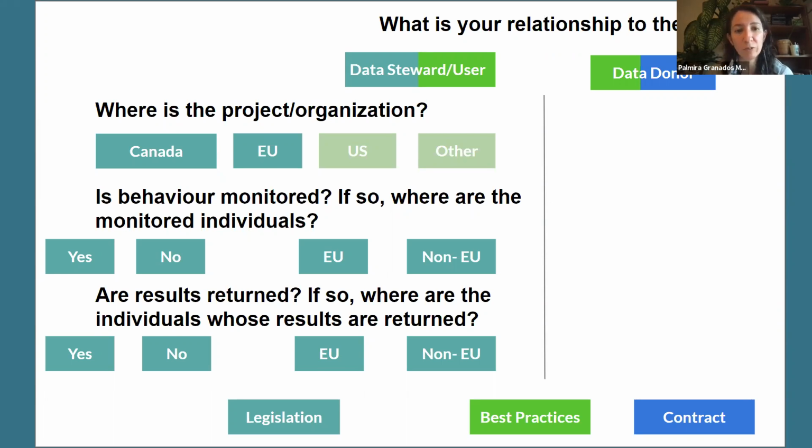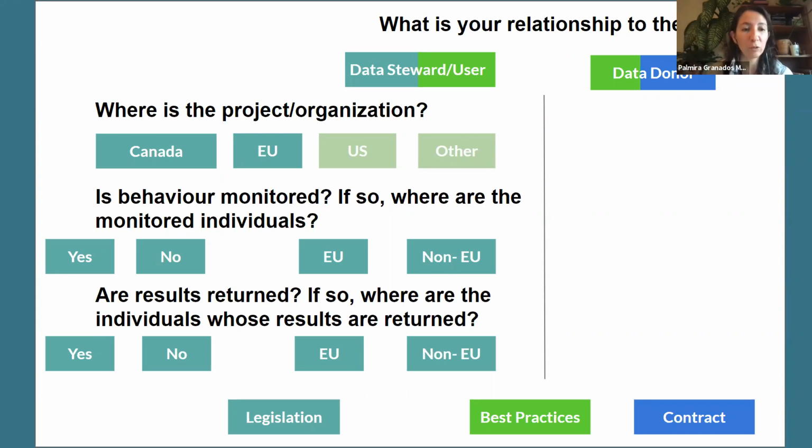However, if the user is a data steward or a data user, there are further questions that need to be answered. The first question after that would be, where is the project or organization located? For this, we have the specific options of Canada, the US, and the EU, and then an option for other countries in a drop-down menu.